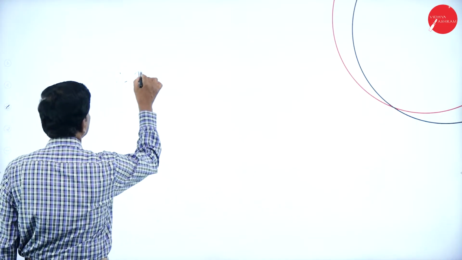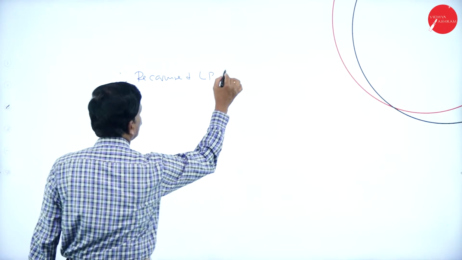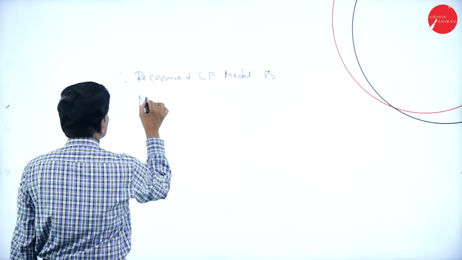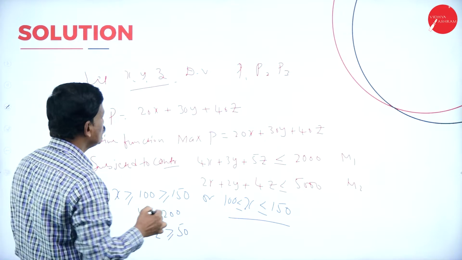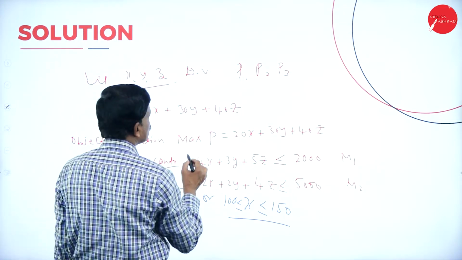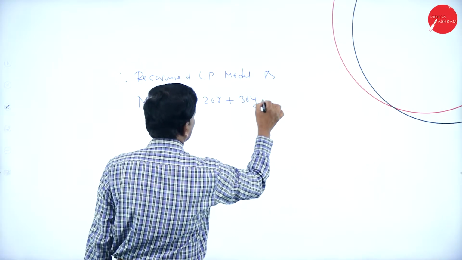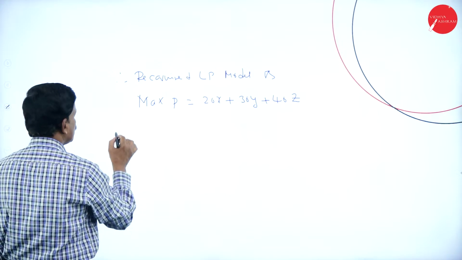Therefore, the required LP model is: max P equal to 20x plus 30y plus 40z subject to the constraints.